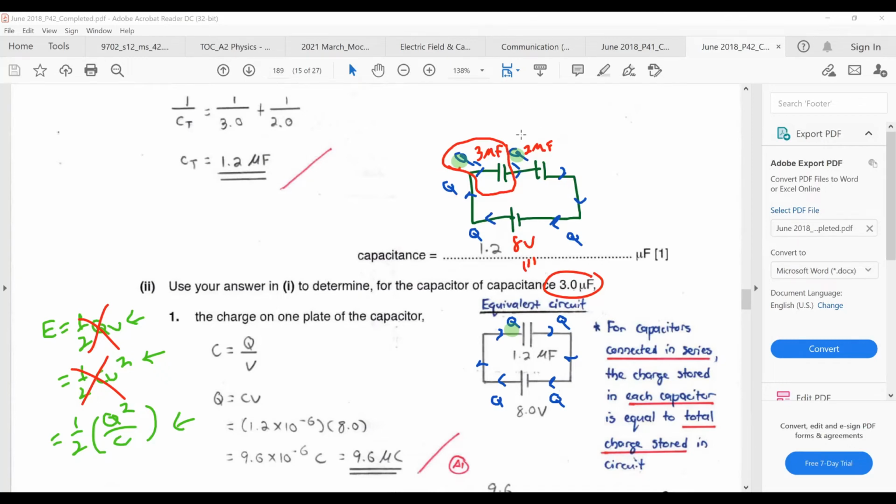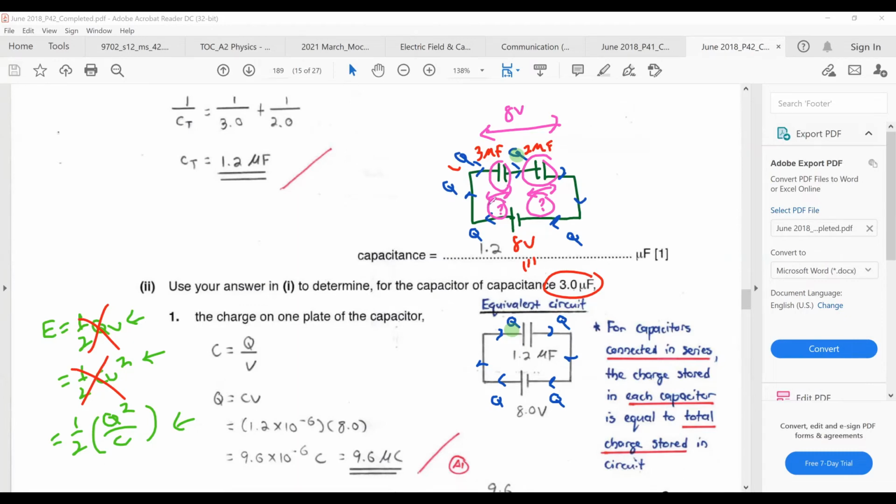This only tells me that the total PD across the two capacitors is 8. All I know is that the total PD of this one and this one is 8 volts. But I do not know the PD across the 3 microfarad, and I do not know the PD across the 2 microfarad. I only know that this plus this will give me 8.